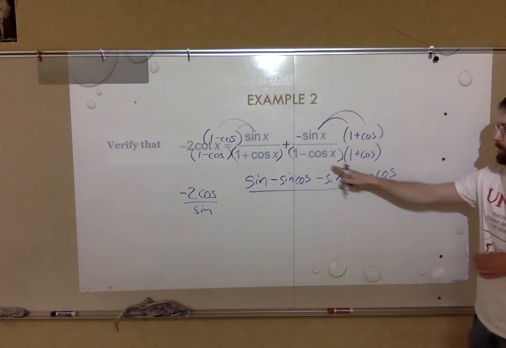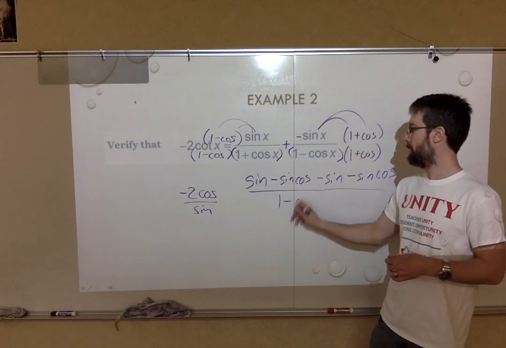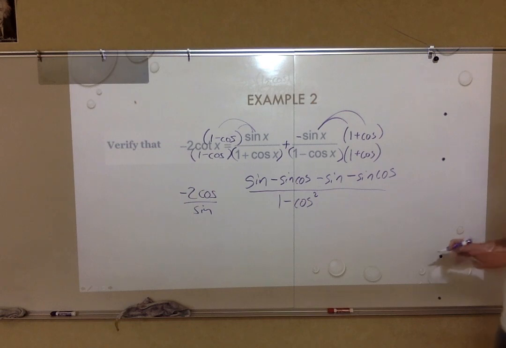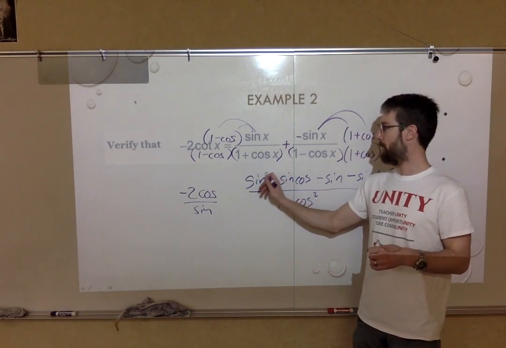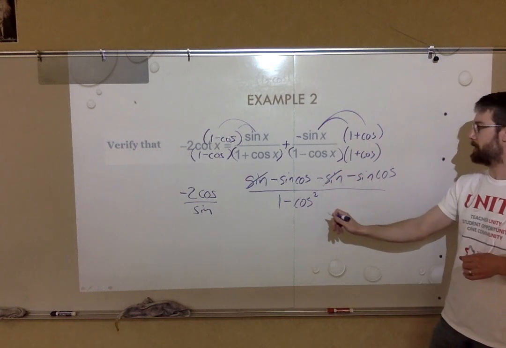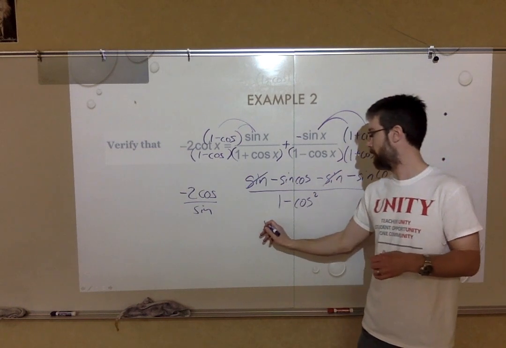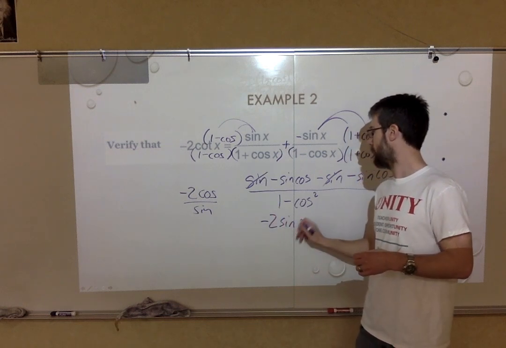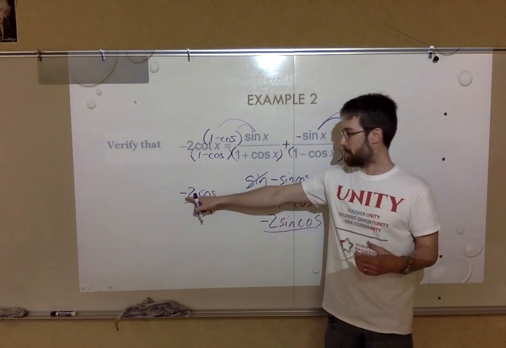If you FOIL out the bottom, again, it's a difference of squares, so it's going to be 1 minus cosine squared. There's a Pythagorean identity. Okay, simplifying the top. Combining like terms. Sine minus sine cancel out, and I've got 2 of the negative sine cosine, so that's going to be negative 2 sine cosine. Look at that, it's getting closer because it's negative 2 cosine.